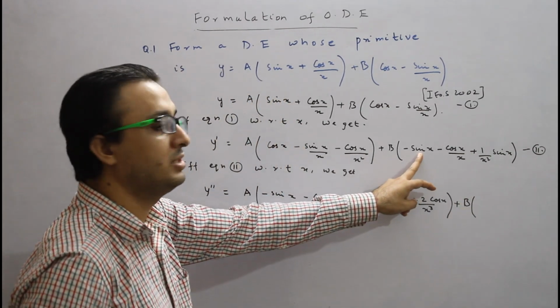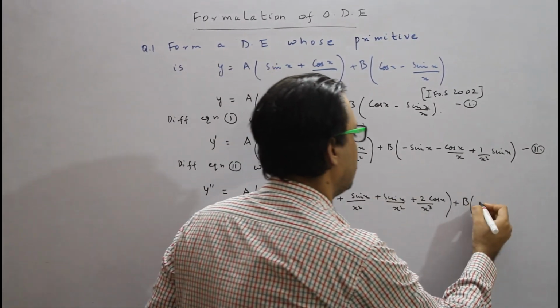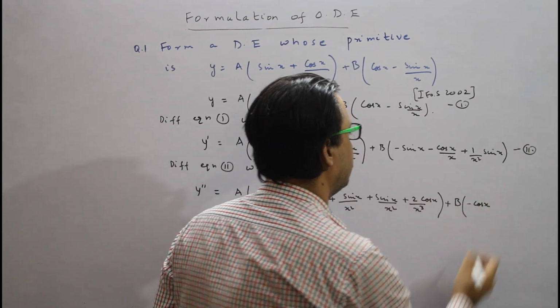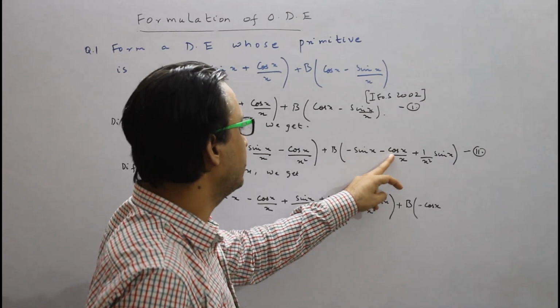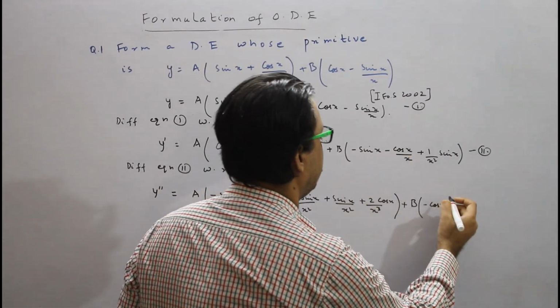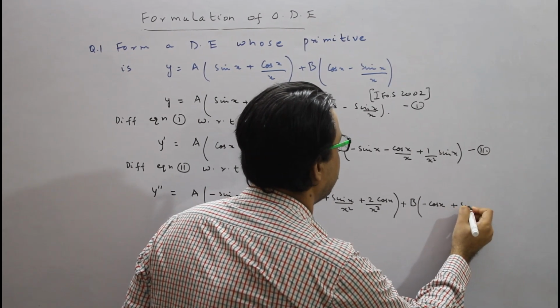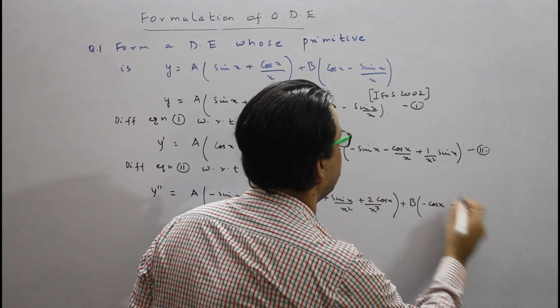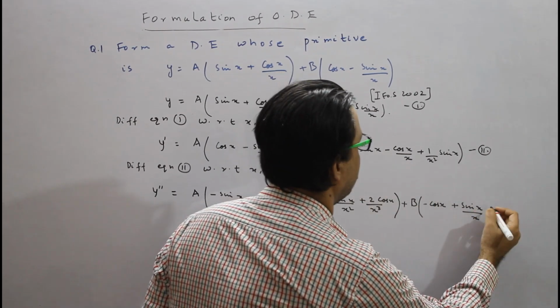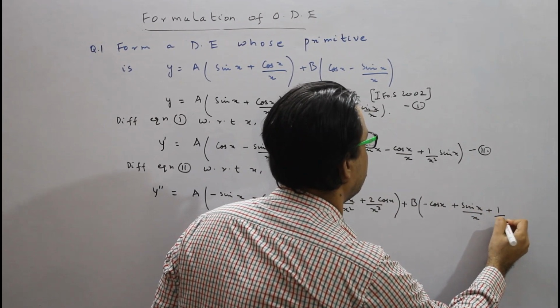b times the differentiation of sin, which is cos. So this becomes minus cos x by x. If we take this, it becomes sin x by x. So minus minus becomes plus.